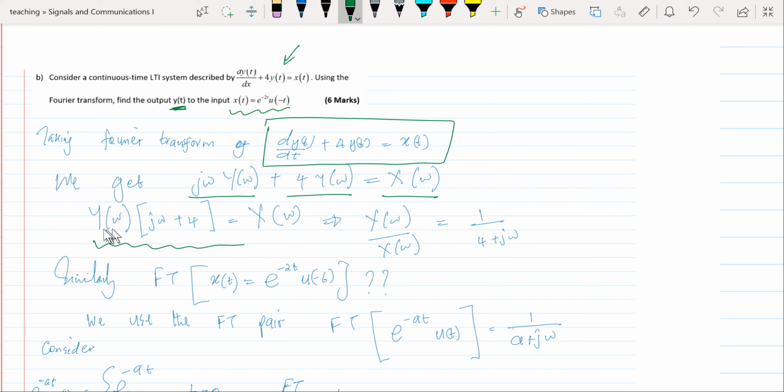On the other side, we can divide both sides by X of omega to have Y of omega over X of omega, and the reciprocal comes on this side, and therefore this becomes the expression for the transfer function, or system response, that we normally express as H of omega.